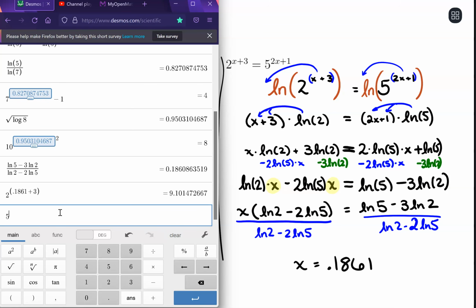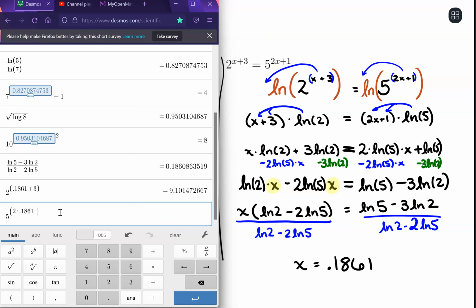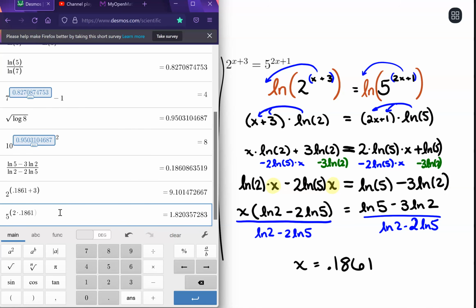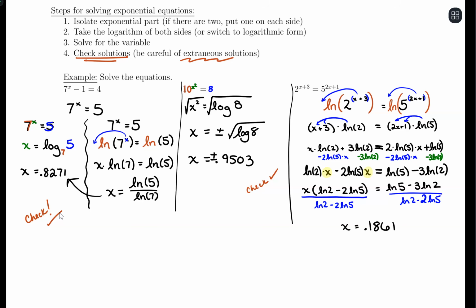And if I have 5 raised to a power of 2 times 0.1861 and then plus 1, 9.1017. Those are very, very close. Again, that 0.1861 is rounded, so it's a little off, but if those should be balancing the equation, those are nice and close. So with these, you can either just switch to logarithm form and solve that way, or take the logarithm of both sides and get to the answer in that way.